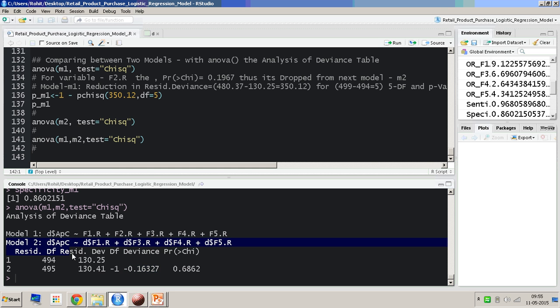So this is the analysis of deviance table, which has a chi-square distribution with how many degrees of freedom? That is -1 degrees of freedom, which basically means that our model 2 is showing degrees of freedom 495 and model 1 is showing degrees of freedom 494, and that's why it's got a -1 degrees of freedom for this particular chi-square test.